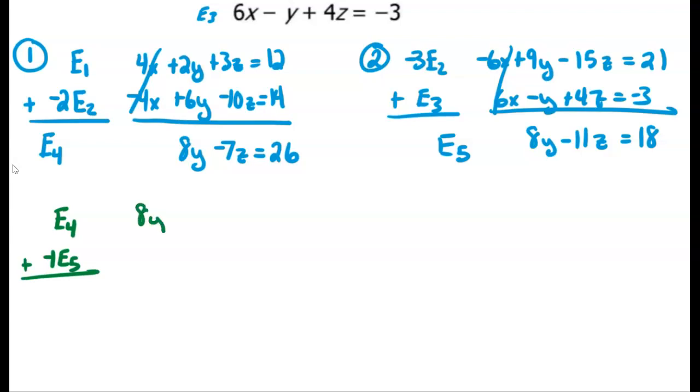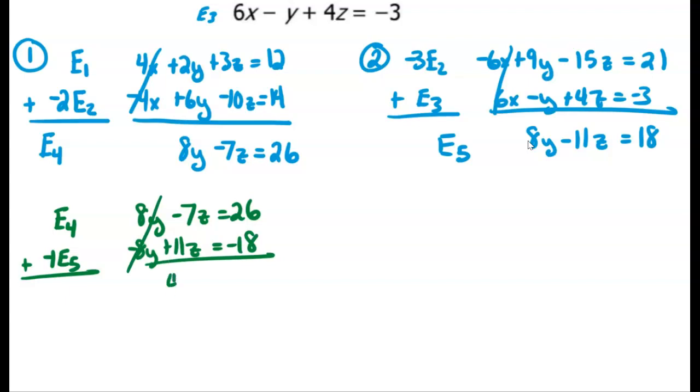So equation 4 is 8y minus 7z equals 26. Negative 1 times all of equation 5 is negative 8y plus 11z equals negative 18. All right, when we add straight down, we're going to get 4z equals 8. Divide by 4, we get z equals 2.